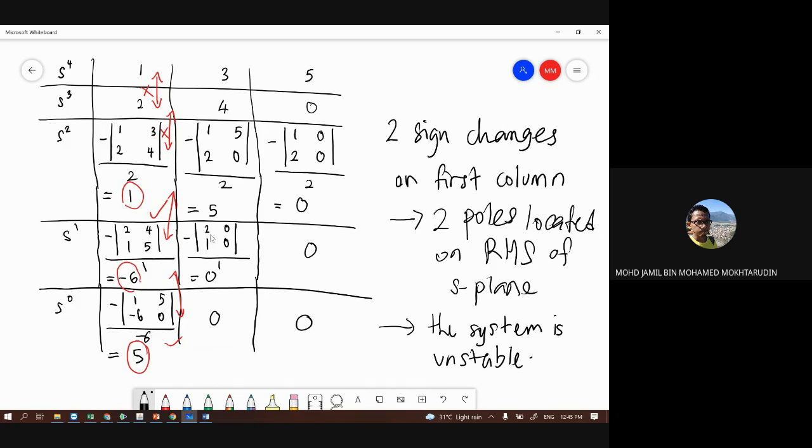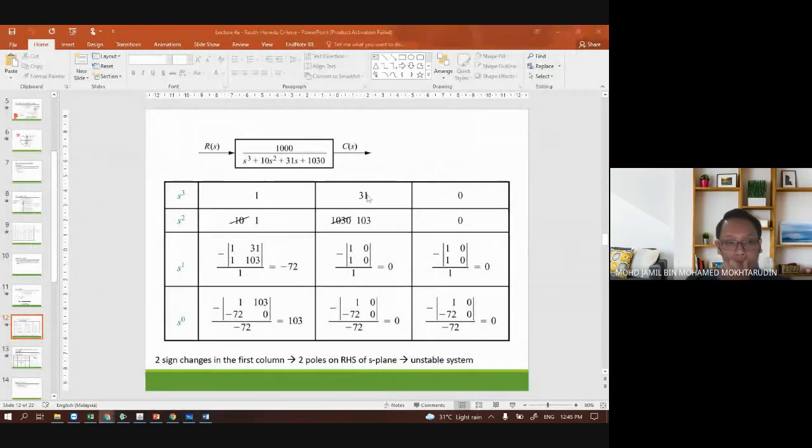So that's basically how you use the Routh-Hurwitz table and interpret the table to determine the system stability. So let's continue with our lecture.